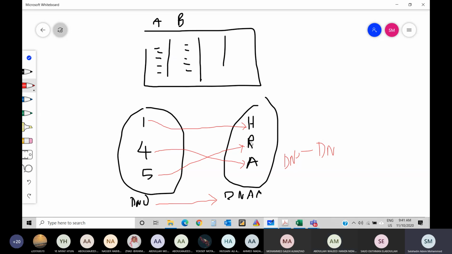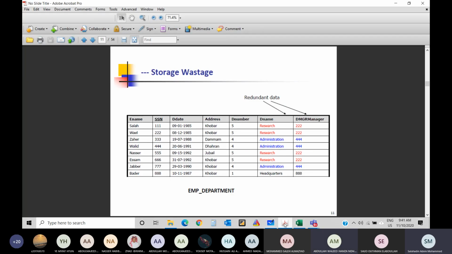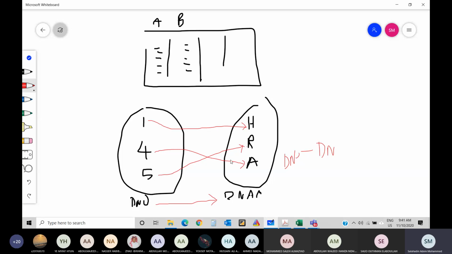1 always maps to what? Let's check. Headquarters. Whenever I say 1 here, I say headquarters here. What about whenever I say 4 here? Administration, and administration. So 4 maps to administration. So always one value of this is matched with only one value of this.